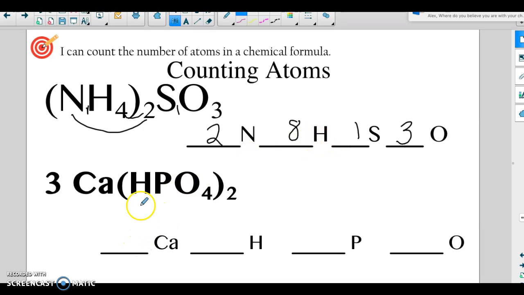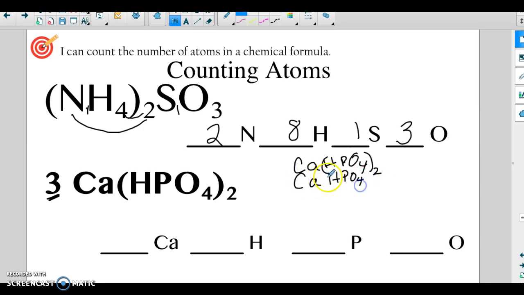So I'm going to have you try this one. So this one's a little different. I have the 3 in front, which that's a coefficient, which means I literally have 3 of these. It'll take me a little while to write them, but you can literally write them out if you want to help you to count, but I'll show you what we do mathematically so you don't have to do this.